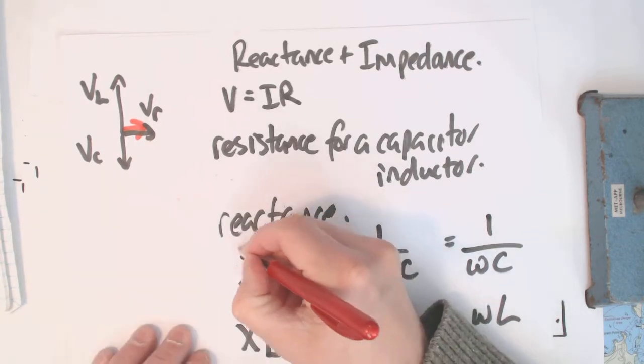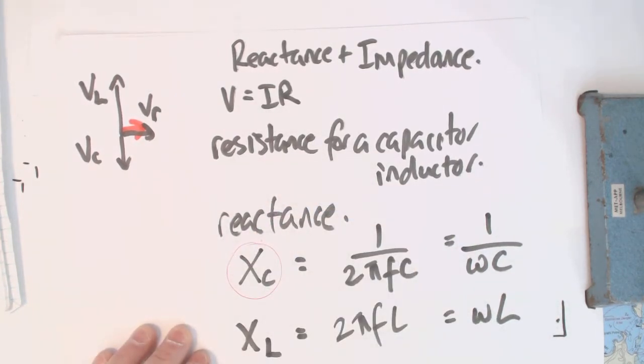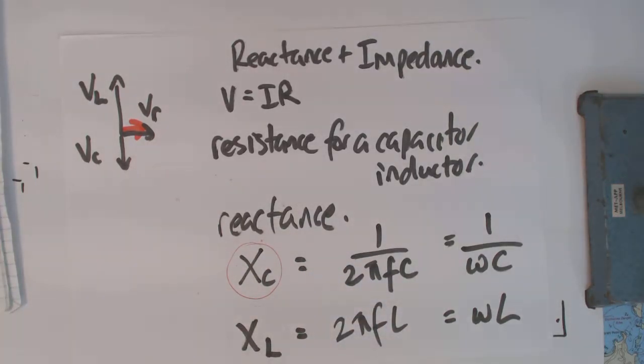These are fixed for a given frequency; they don't change for a given frequency. So that's the reactance for that component at that frequency. With 2 pi FL, as the inductor gets bigger, its reactance, which acts as a form of resistance, gets bigger.